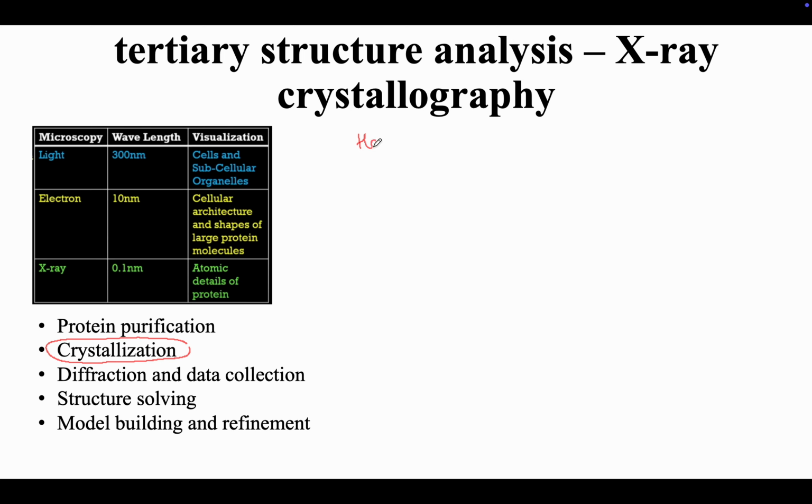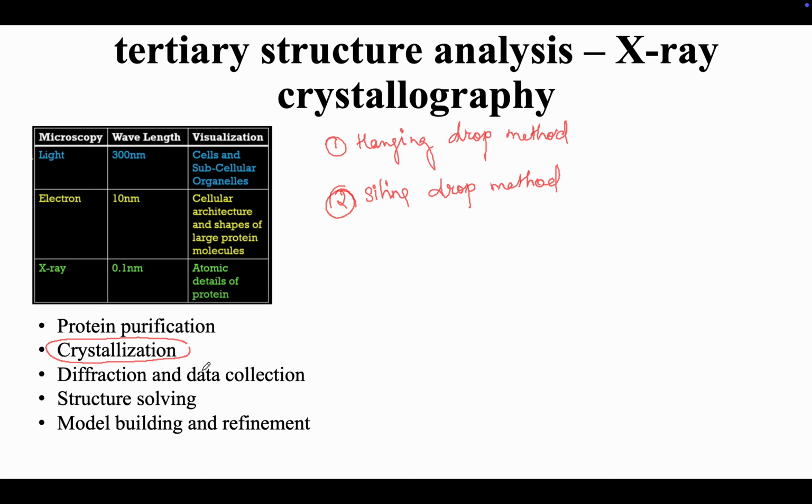One method is the hanging drop method, and the second method is the sitting drop method. These are the two different methods in which you can generate crystals of different proteins, and this is a major crucial step.